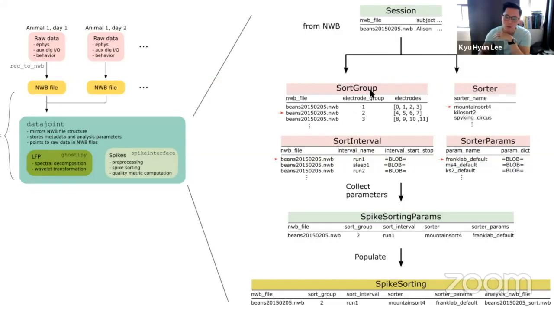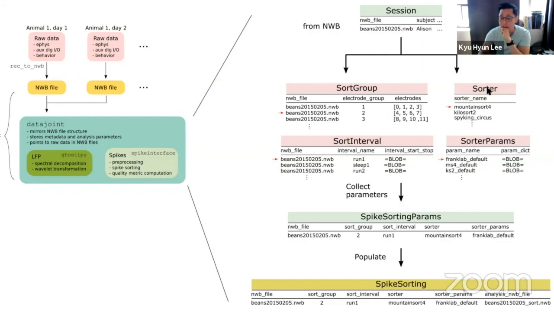So for example, the SortGroup table contains information about the electrodes. Here, each electrode group is actually a tetrode. And it also populates the different intervals that were present in the NWB file. So we have some run sessions and some sleep sessions, where the animal's navigating and then confined to a little box for resting and so on.